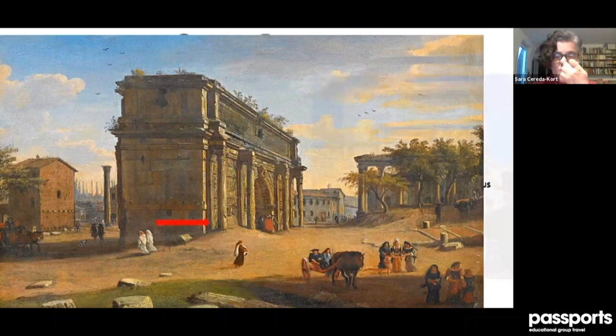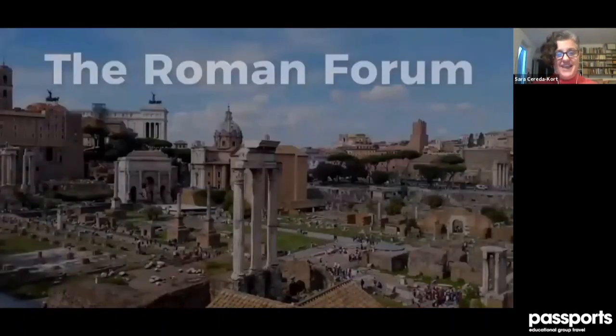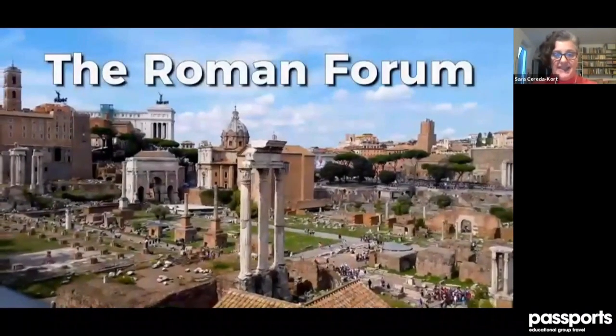And if I show you now a picture to the right-hand side of the arch after the excavation was done, then you see with this red line what big part of this arch was underground. So 2,000 years of debris and sediments from the floods of the river Tiber created this kind of landscape in this valley that you can see now.